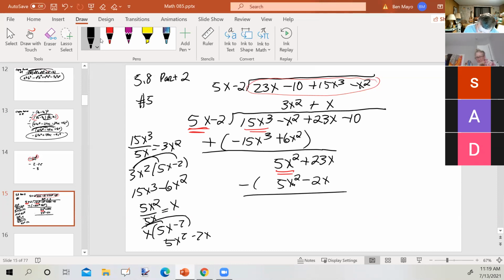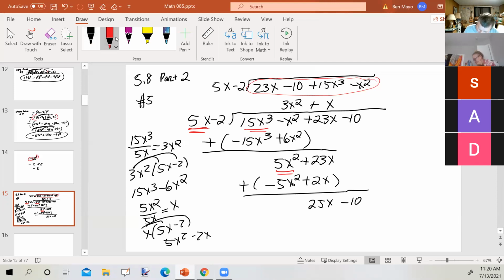Then we're going to subtract that quantity from what's up above. Distributing it, changing it to addition of the opposite. 5x squared plus negative 5x squared is 0x squared. 23x plus 2x is 25x. We'll bring down the next term, minus 10.